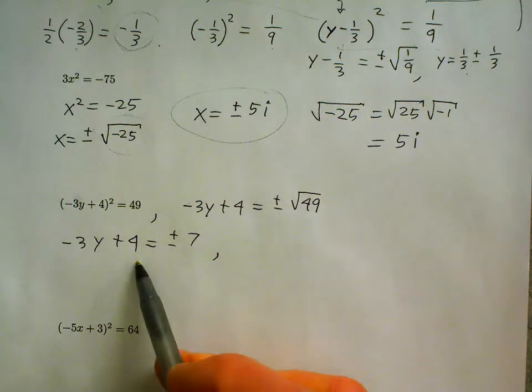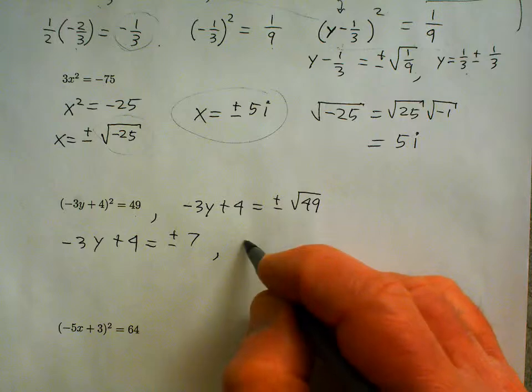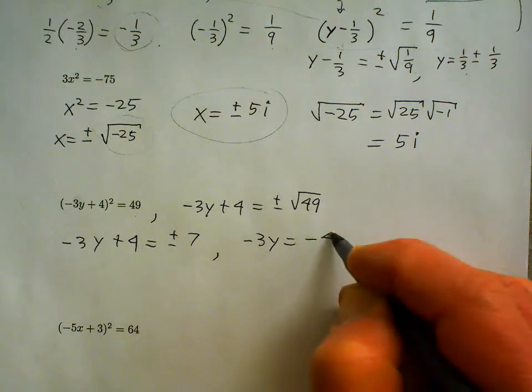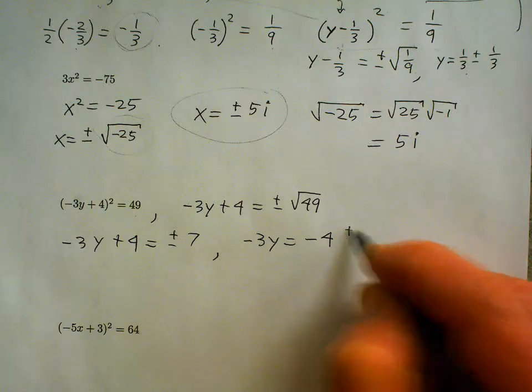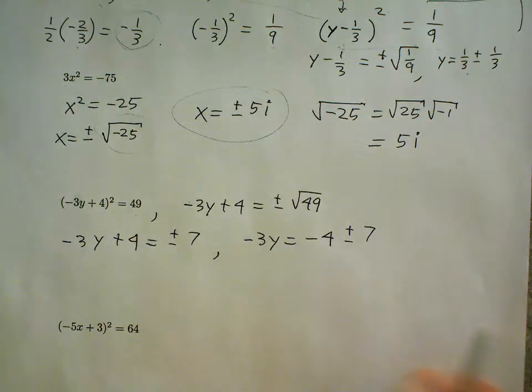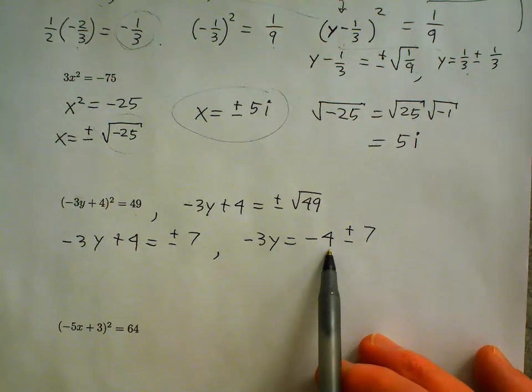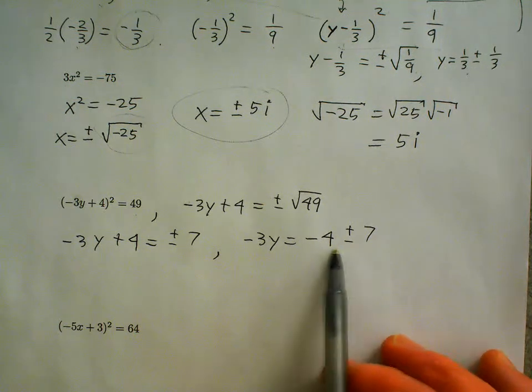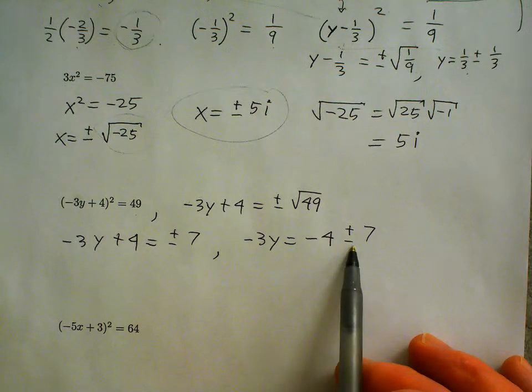Then subtract 4 from both sides. We can write it as negative 3y equals negative 4 plus and minus 7. If you want to simplify the negative 4 plus and minus 7 first, you can. But we have to write two different solutions. So why don't we do that?